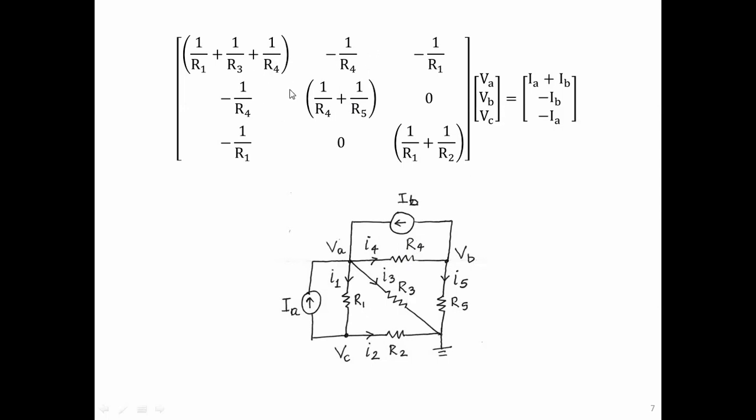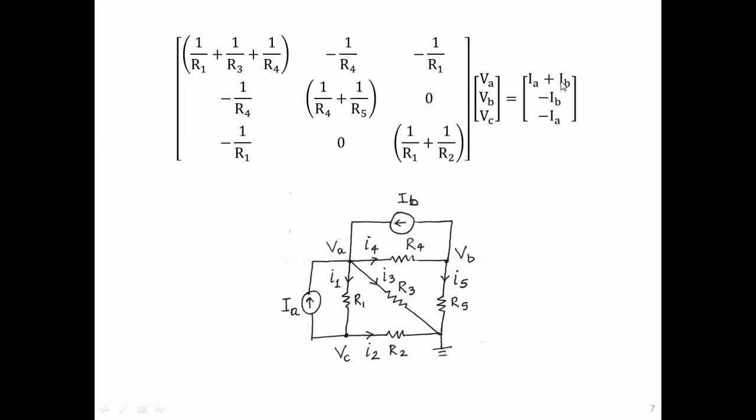Alright, so that's why these are the same. R1 is connected between nodes VA and VC, so it will appear as minus 1 by R1 in this non-diagonal element. There is nothing connected between nodes VB and VC, so this element is 0. Nothing connected between nodes VB and VC, so this element is 0.